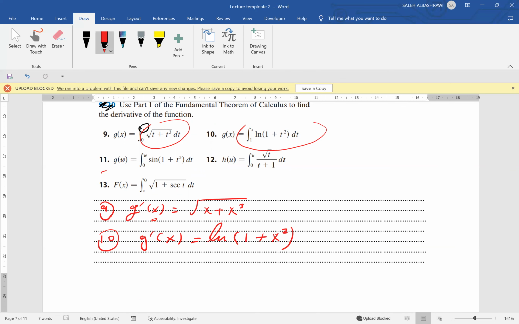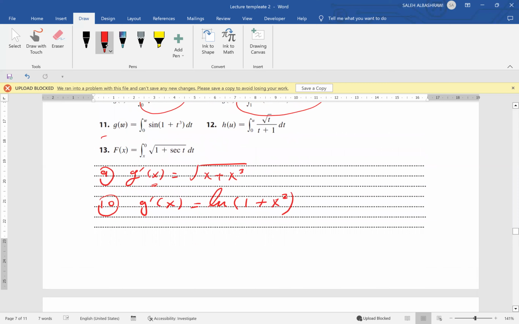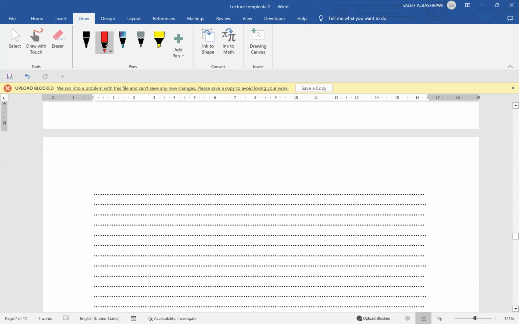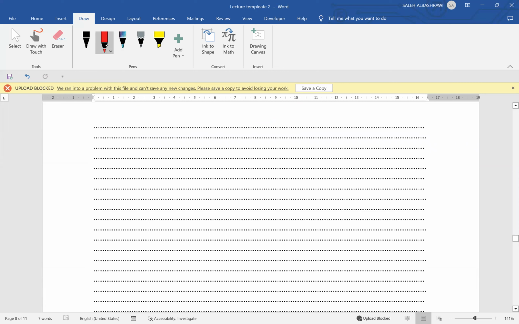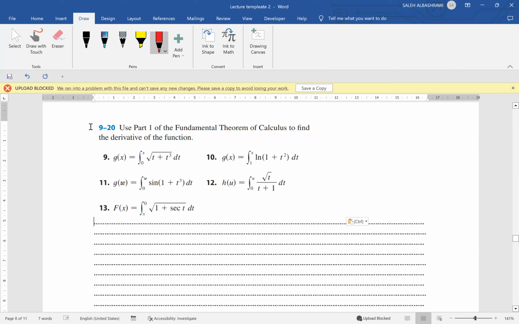Number 11, g prime of w is equal to sine of 1 plus w to the power 3.